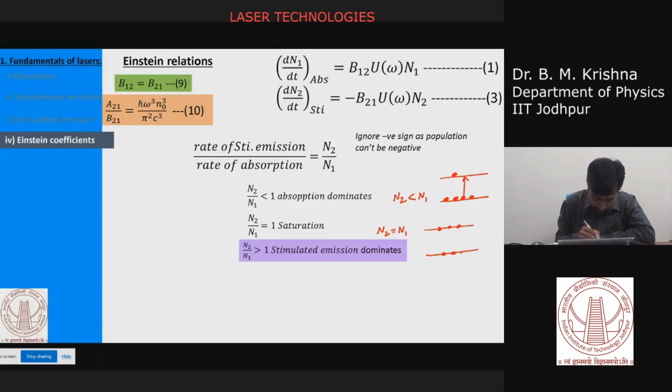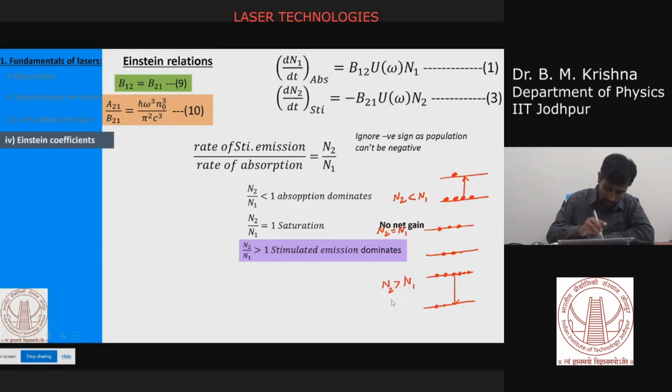That means n2 is greater than n1. So the rate of stimulated emission is greater than absorption, which means stimulated emission is dominating. In the earlier cases you don't have any net gain. In this third case, n2 by n1 greater than 1, you have a net gain. Now we will see what net gain means.